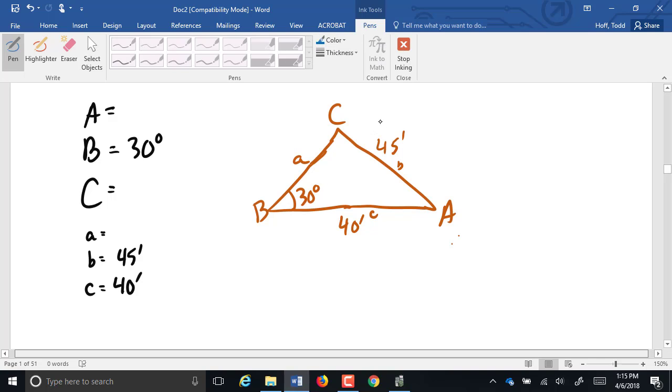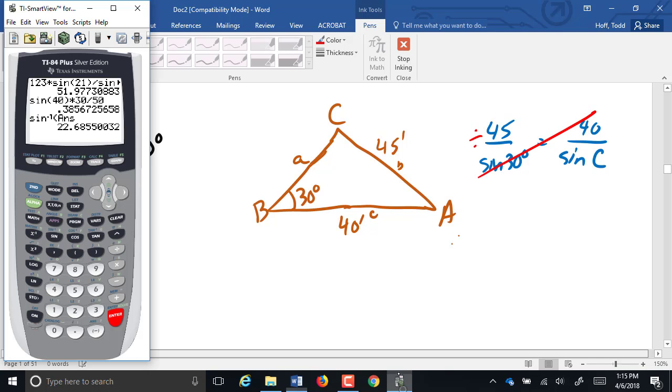So now again, because that opposite side is the longer of the two sides, there's no problem here. So we've got 45 over sine of 30 equals 40 over the sine of what? C. So we cross multiply and divide.